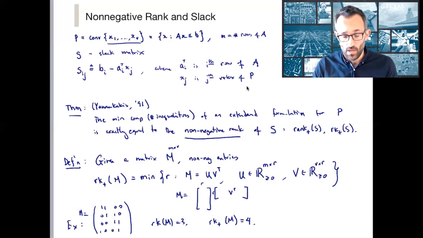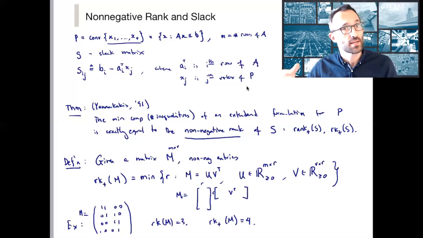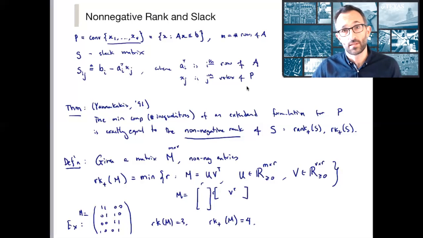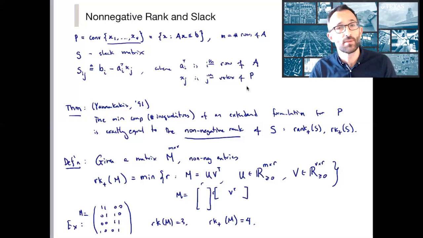First, if we have any non-negative factorization of S, we can build an extended formulation. Therefore, the size of an extended formulation is not going to be any bigger than the size of any such factorization, and in particular, no bigger than the non-negative rank.